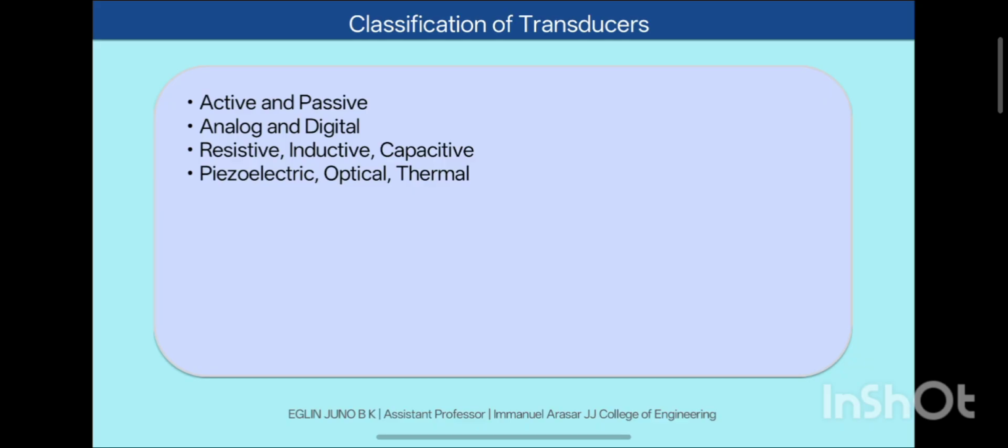Examples include digital temperature sensors, optical inputs, and many smart sensors used nowadays in smartwatches, wearable devices, etc. Today, most hospital monitoring systems use digital transducers because they provide higher accuracy and are compatible with computers.